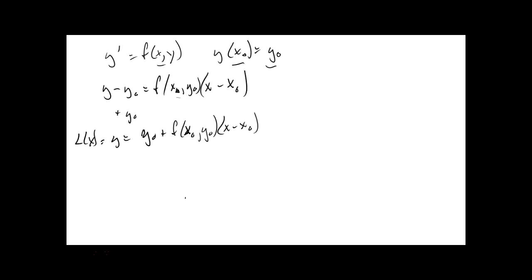And then do the same thing again. The y2 is then going to be y1 plus f of x1, y1 times x minus x1. Okay? And then pick another, go that little increment further from x, and make that your x2. And then do it again for y2, then plug it back in there and do it again. And this is the procedure that you do. This is called Euler's method.